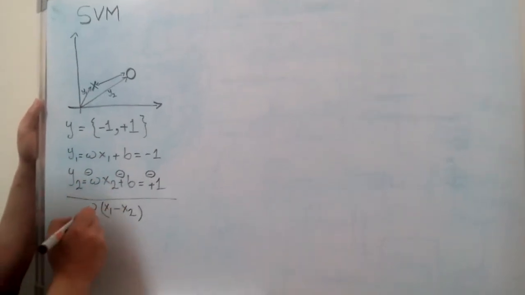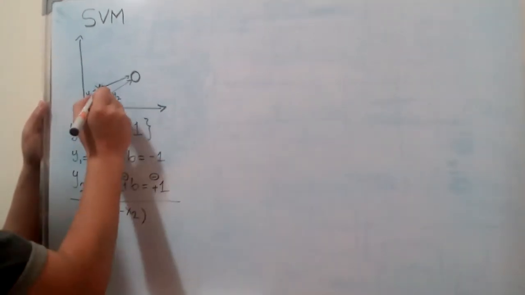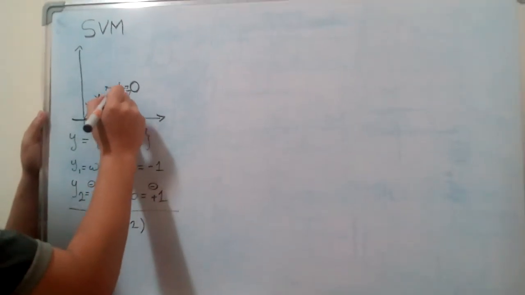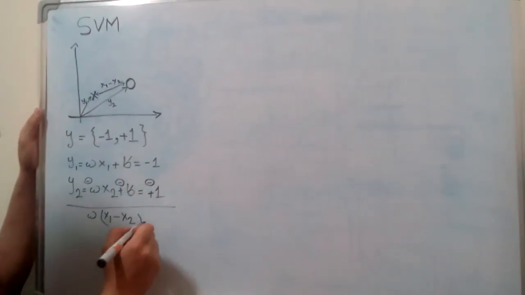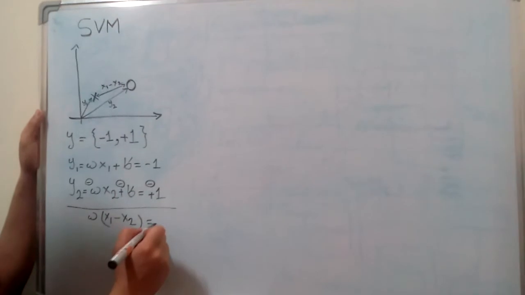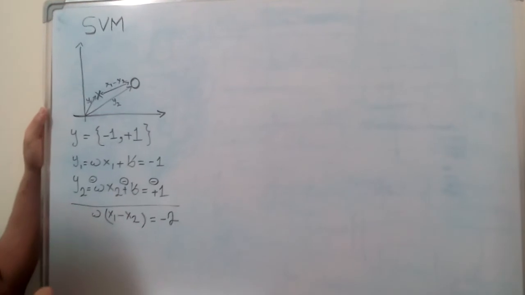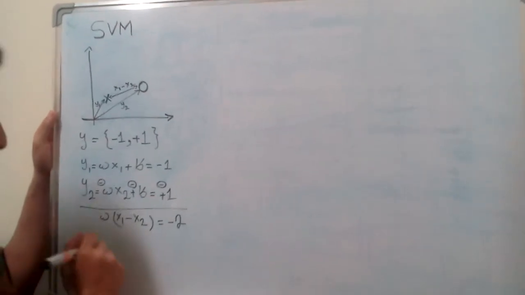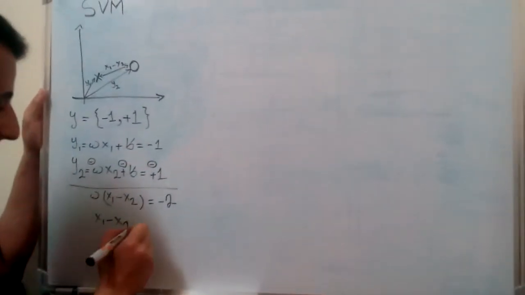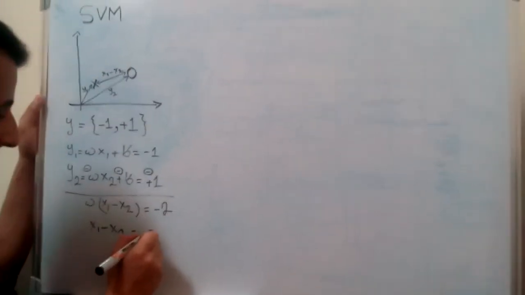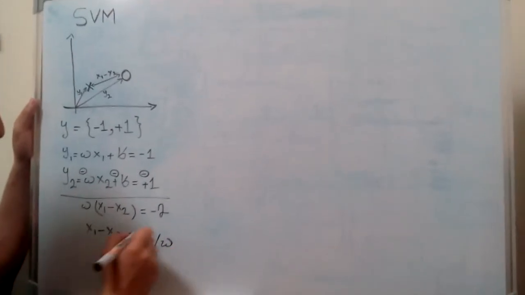We take omega as a common factor and then remains x1 minus x2, which is the target distance over here that we are trying to minimize or to maximize. And then the b will be eliminated, and we have here minus 1 minus 1 becoming minus 2. So let's flip the equation to get x1 minus x2 on the left hand side, and then our equation becomes minus 2 over omega.